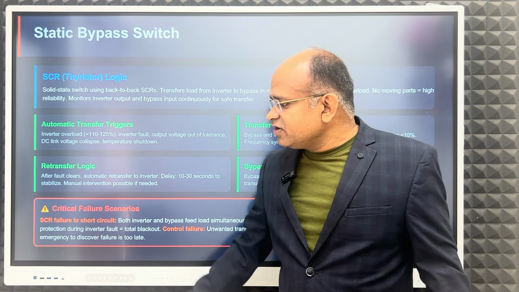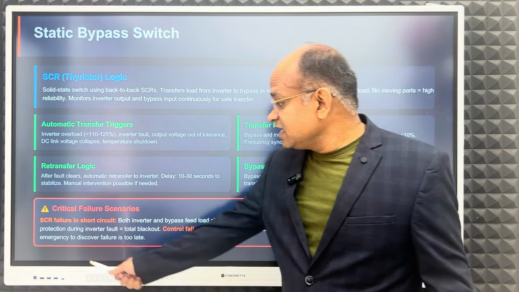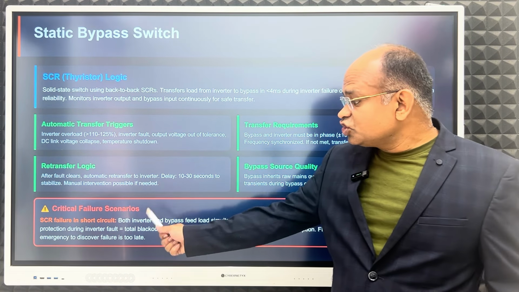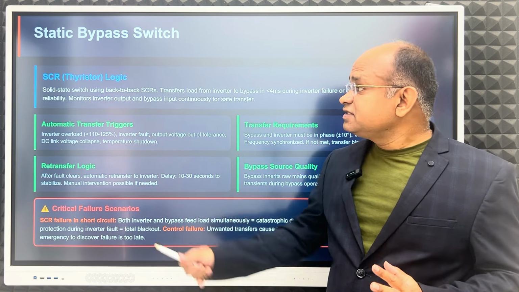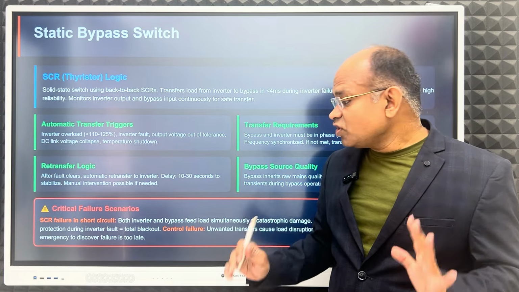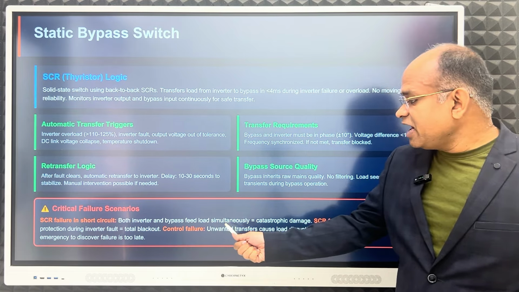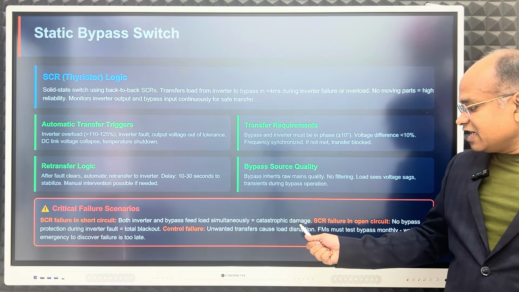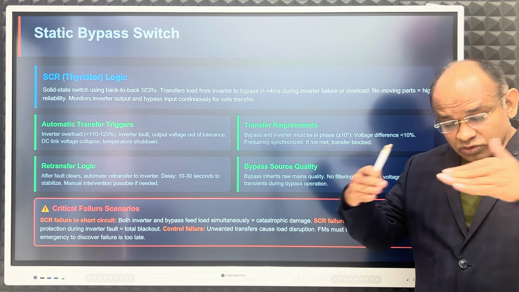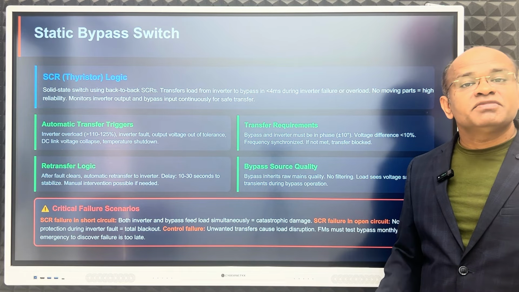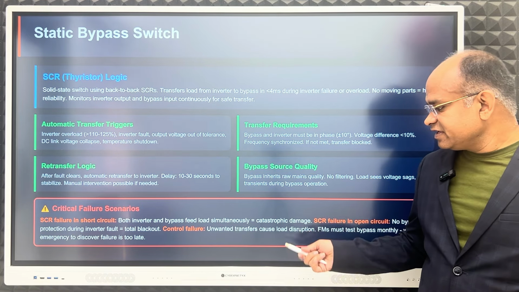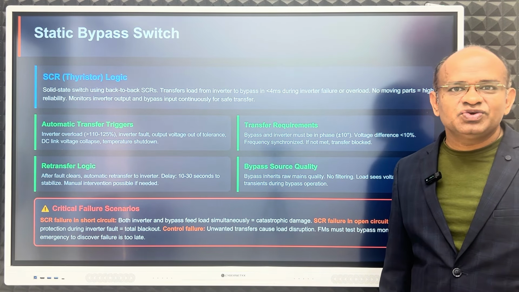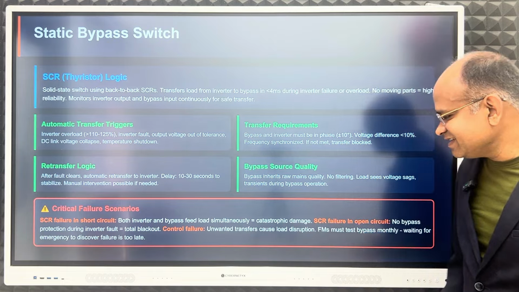Now the critical failure scenarios, when it fails. SCR failure in short circuit: both inverter and bypass feed the load simultaneously, which means catastrophic damage. If both are feeding because the SCRs have failed, you will see fire inside the static switch.